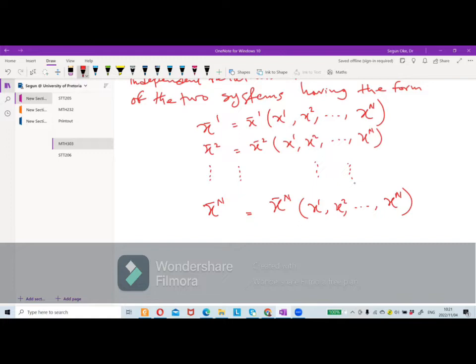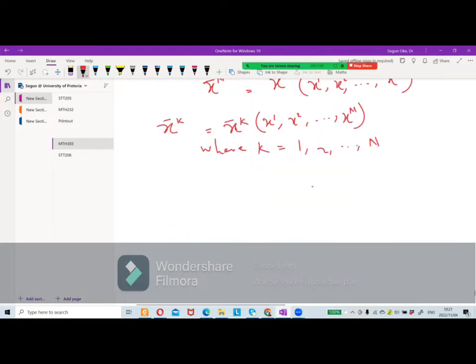We can briefly indicate that x bar k is the same thing as x bar k into x1, x2, to xN, where k is 1, 2 to N. You can see how the transformation occurs one after the other.